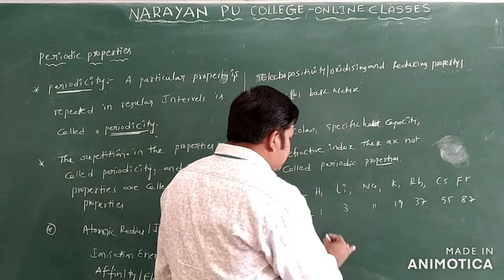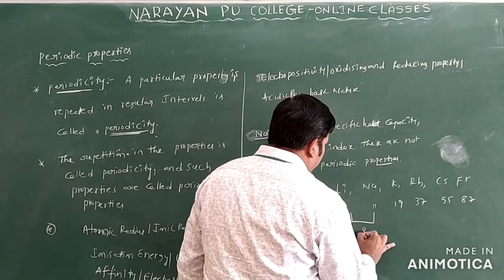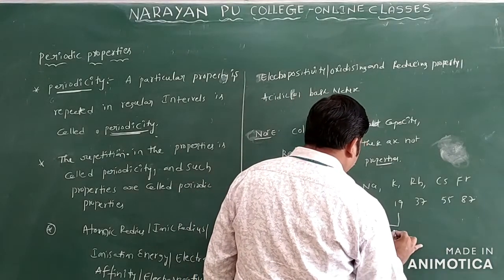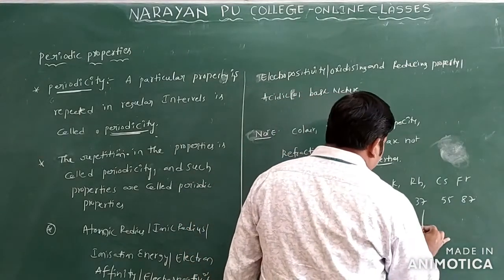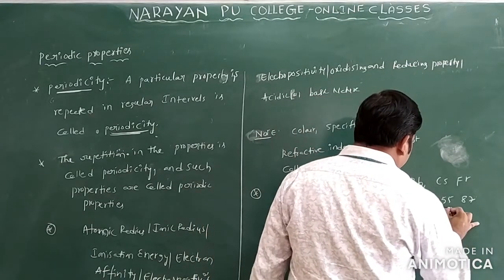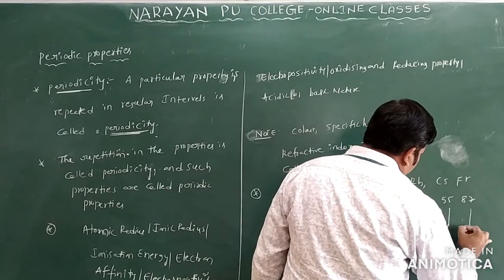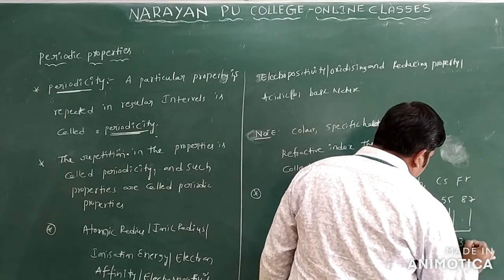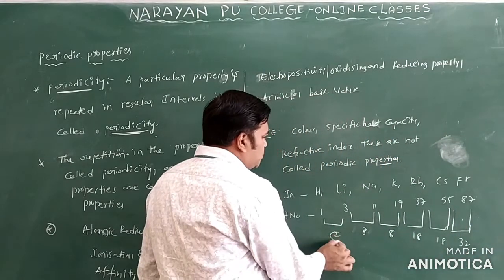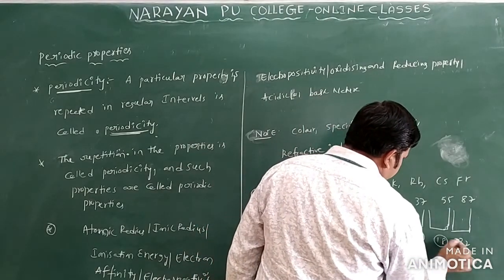If you see the atomic number differences between these elements, here 2, then 8, 8, 18, 18, and 32.